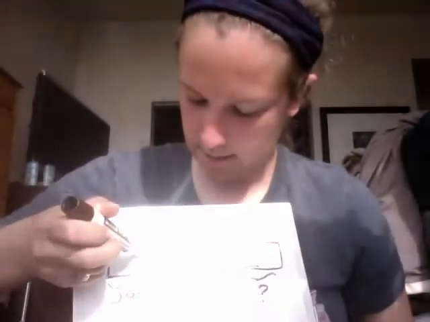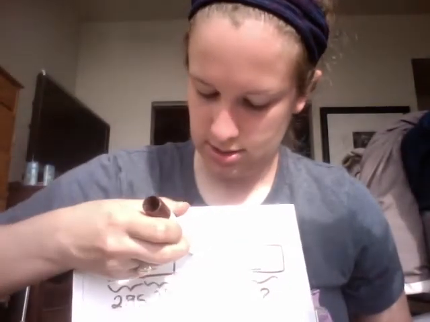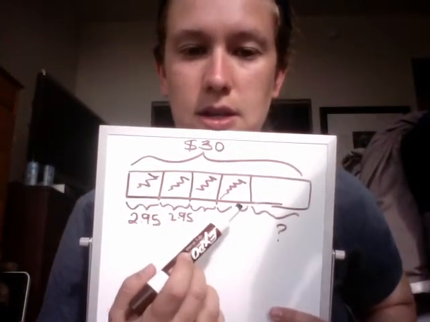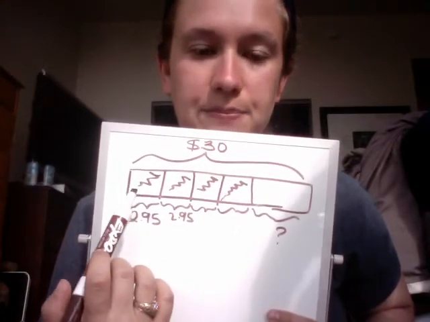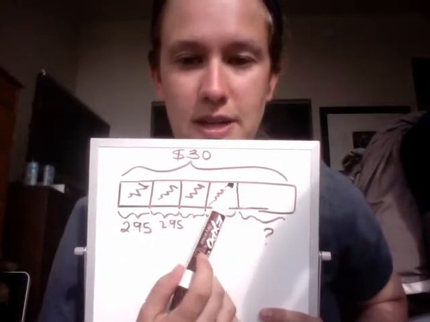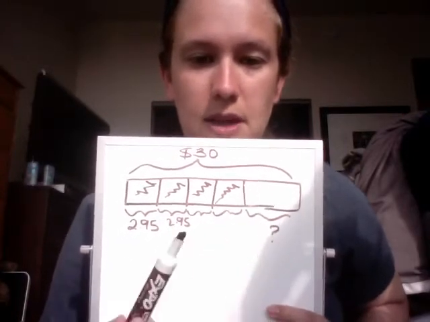I know that he bought 4 sets of stamps at $2.95 each. So each of these is worth $2.95. To figure that out, I'm going to multiply, hint. But what I'm trying to find is how much money he has left. So I'm going to do my work. You do what you think you should do. I'm not going to say this out loud. Use your noggin. Think about how you're going to find this answer, and then we'll come back and compare, and I'll show you how I got my answer.